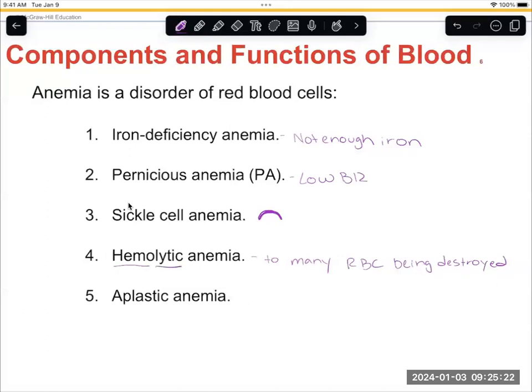Lytic, slicing, we're breaking apart. So we're breaking apart too many of those red blood cells. Aplastic anemia. This has to do with the bone marrow not being able to produce enough new cells.